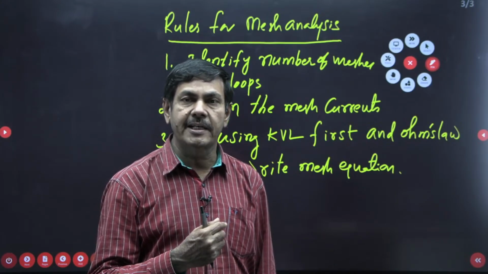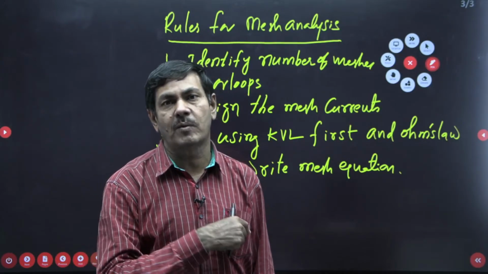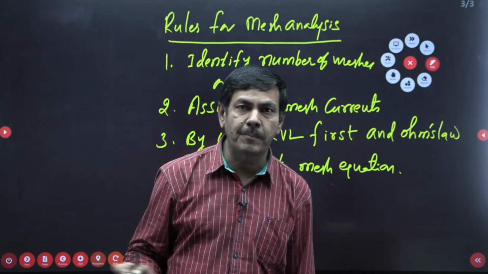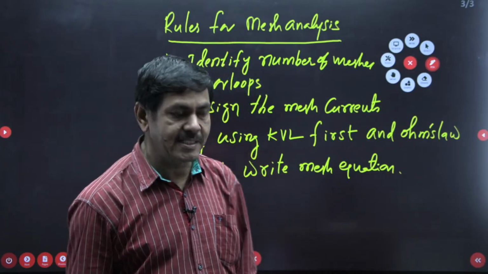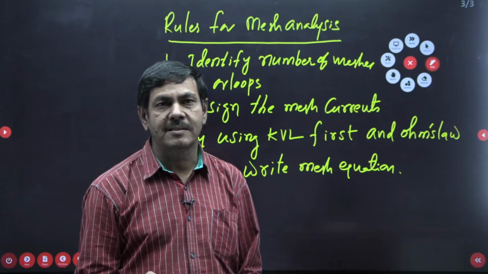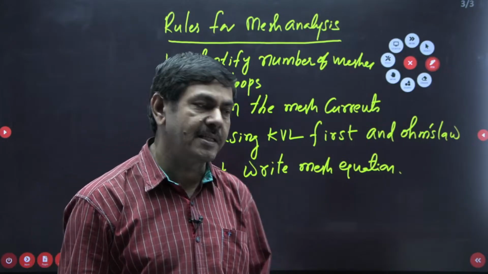You can take all the currents in the clockwise direction, otherwise all in the anti-clockwise direction. Choice is yours. These are the rules to do problems using mesh analysis. I will do 2 or 3 simple problems, then after that somewhat lengthy questions also. Understand?